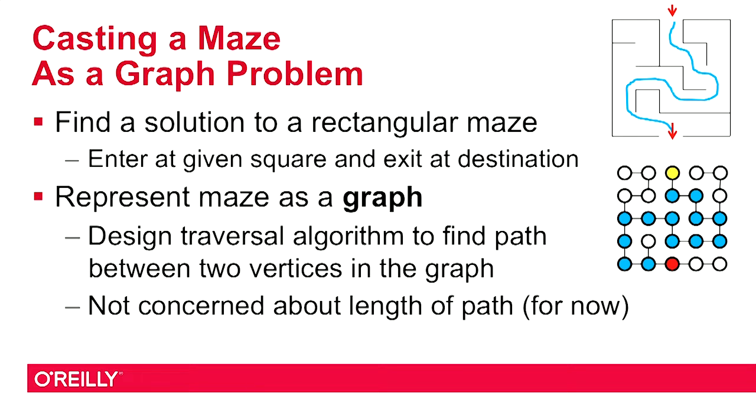One way to do so would be to consider this maze to be a graph containing, in this case, 25 vertices, each one representing a different cell in the maze. And I can move from one cell to the other when there is no wall between the two. And so in my graph, I have an edge between 2 vertices when they're neighbors and there's no wall between them.